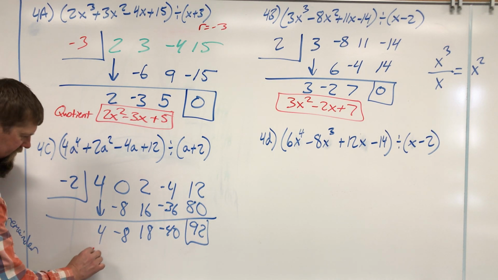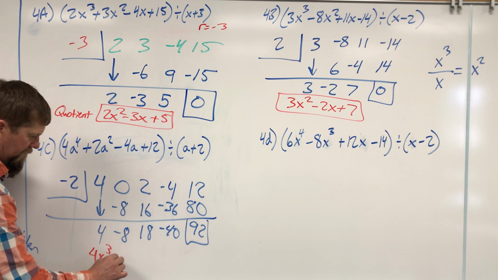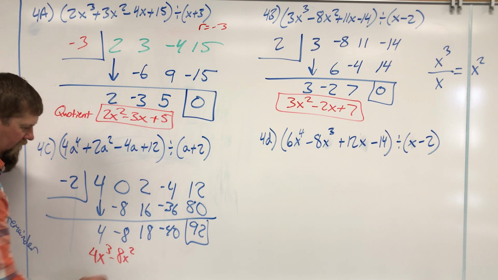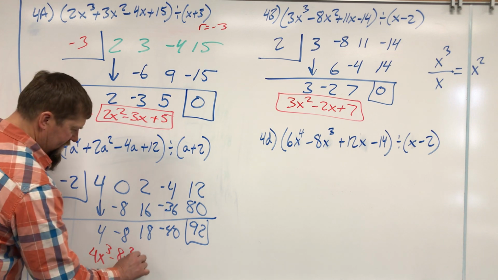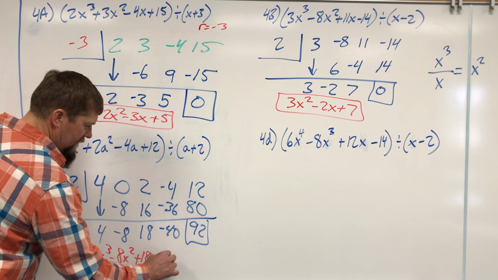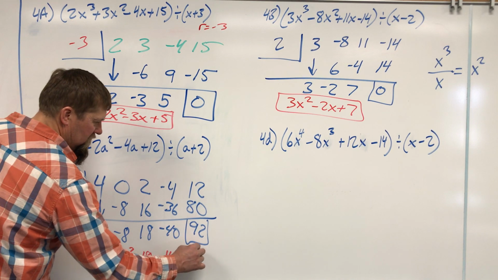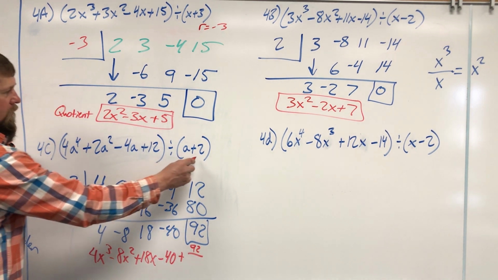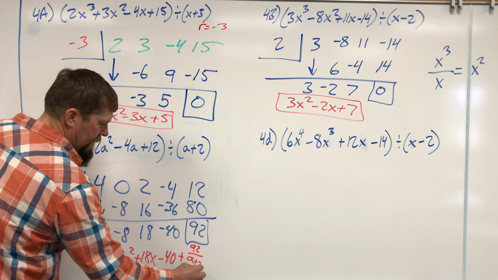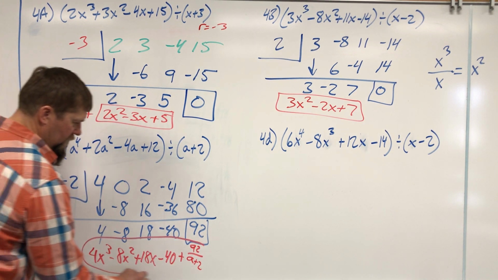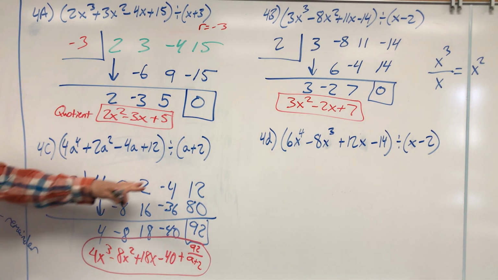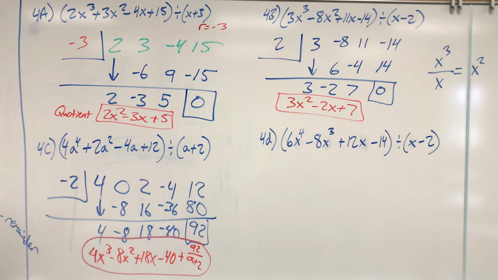So basically it's 4x cubed minus 8x squared plus 18x minus 40 plus 92 over x plus 2. When you have a remainder, you put it over what you're dividing by. So that is that answer.